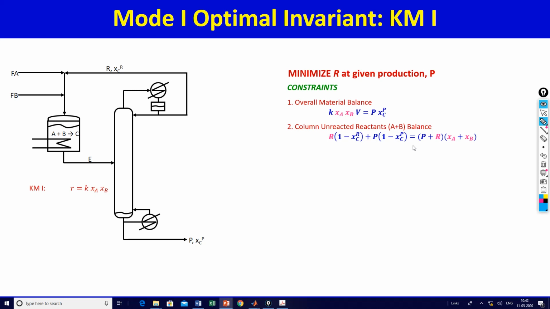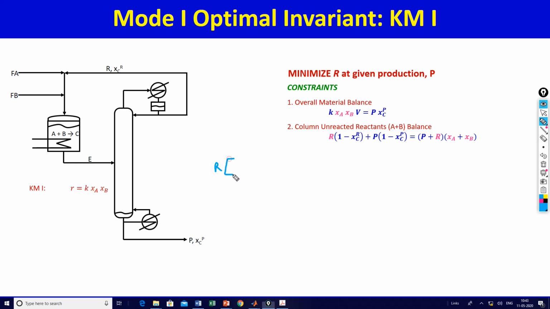So let's differentiate number 2. Maybe not. This is not the best way of doing it. Okay, so let's collect R and P terms together. R terms on one side, P terms on the other side.